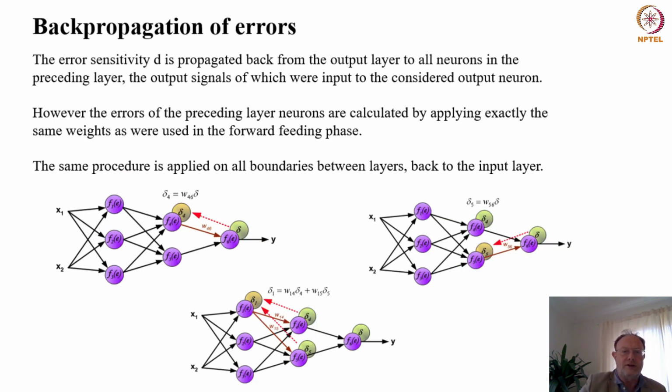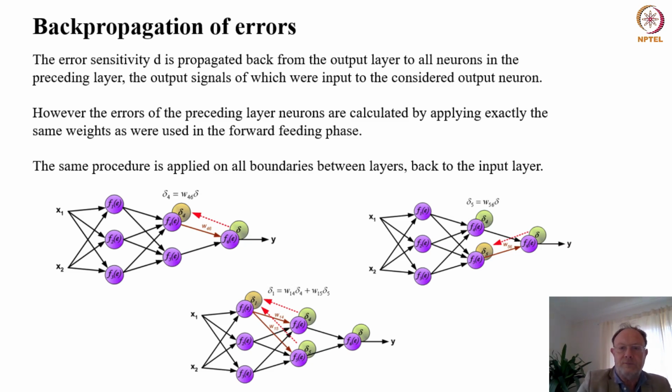So what we do then is that we calculate a similar value for each of the nodes, for each of the neurons, moving backwards, utilizing exactly the same weights that we used in the forward phase. So this phase is over when we have an error sensitivity measure for each.